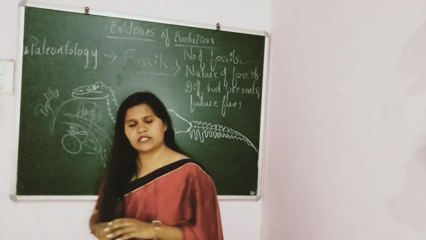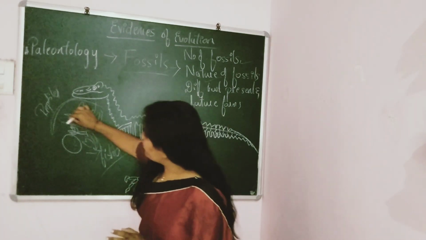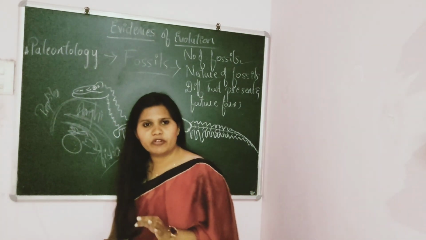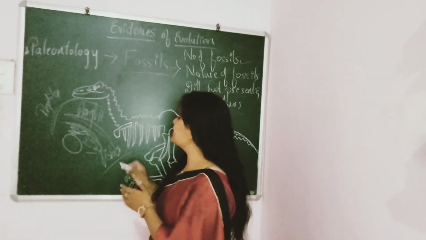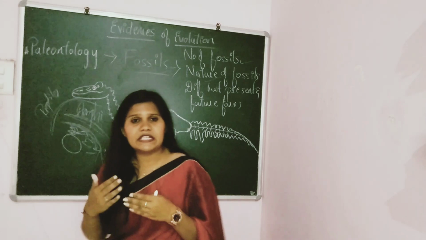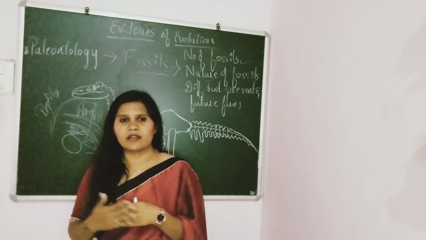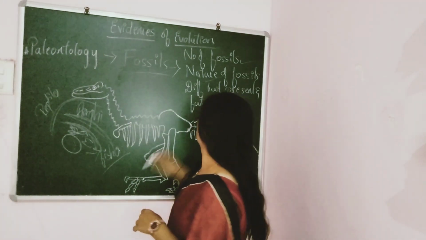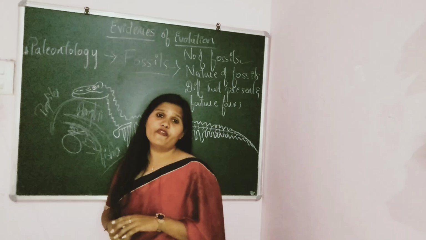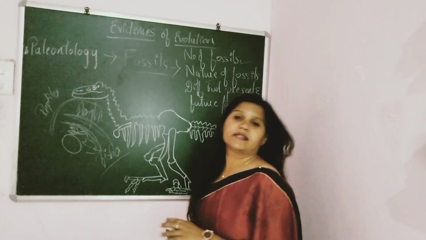Coming to the nature of fossils, see, if a paleontologist finds the fossil of a fish, we will get to know that there was a presence of the fish. In the same way, the nature of fossils will be different with respect to their species or the category they belong to. And coming to the difference between the past and present forms, for example, have a look at this dinosaur.